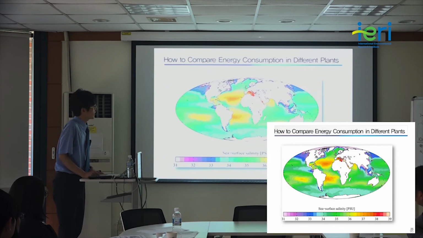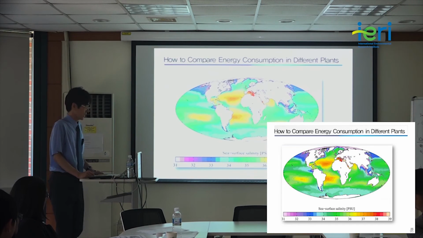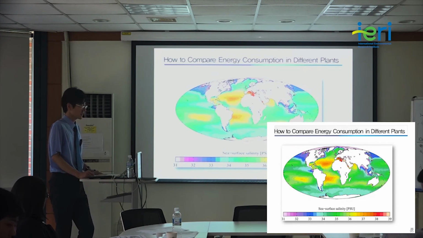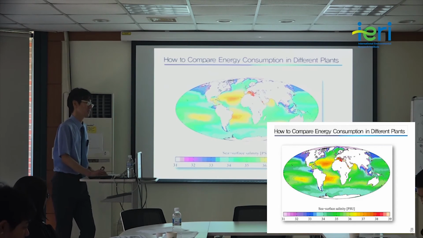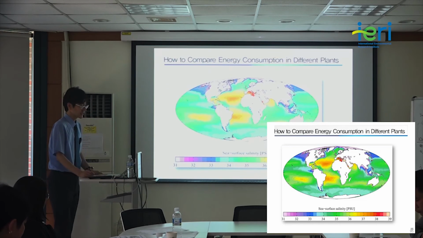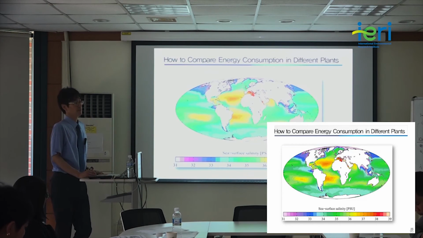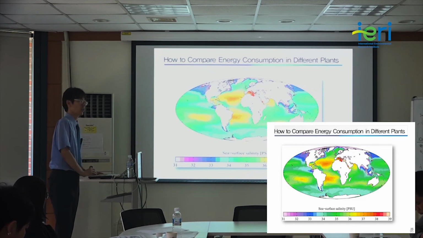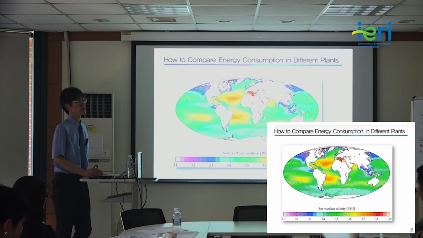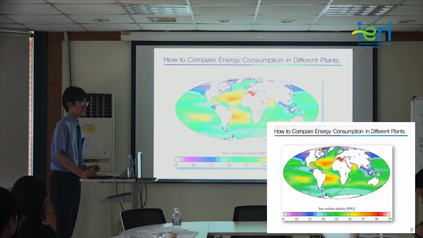And another technique that we can use as a useful tool is to convert and compare energy consumption in different seawater desalination plant. In fact, I've shown you some of the examples, the Ashkelon, Tuas, and Perth, for example.